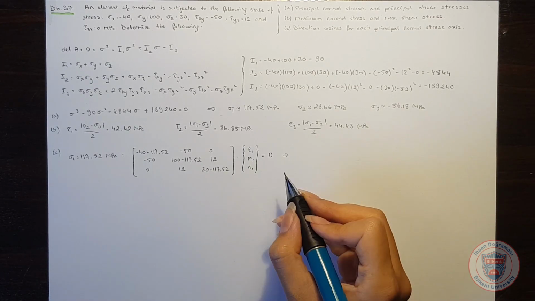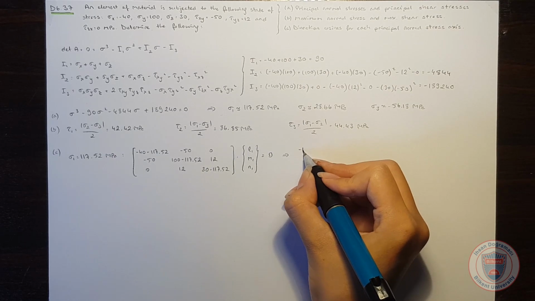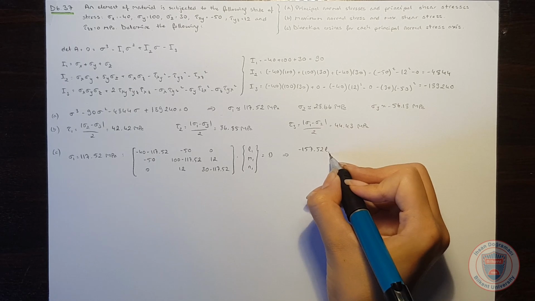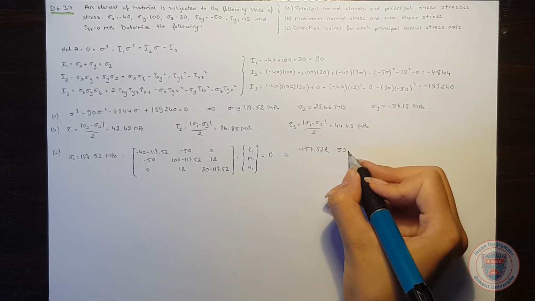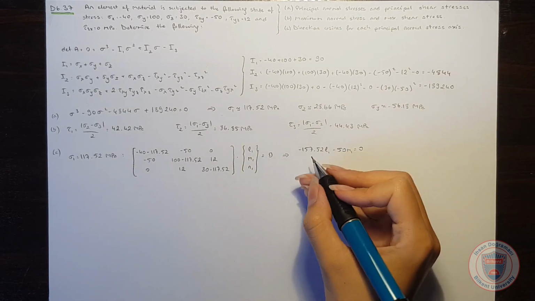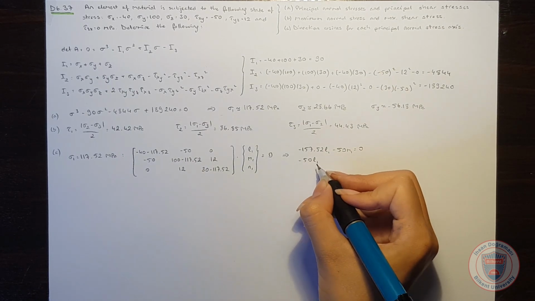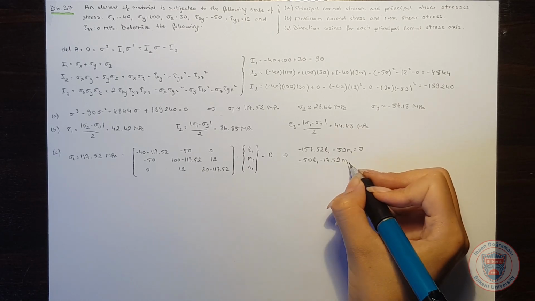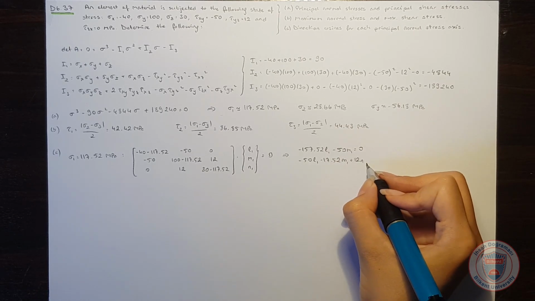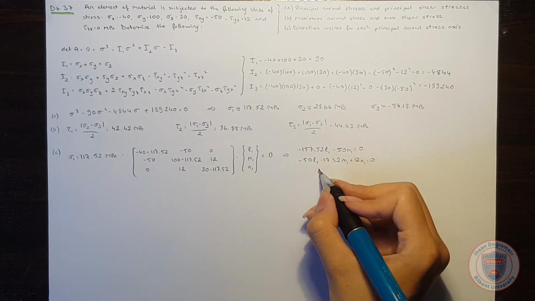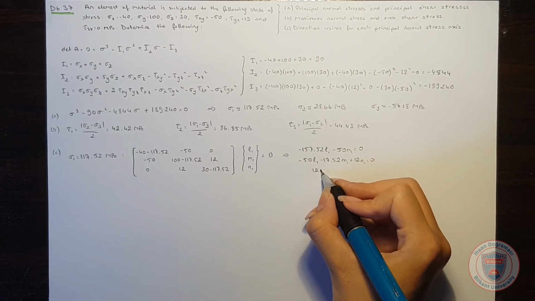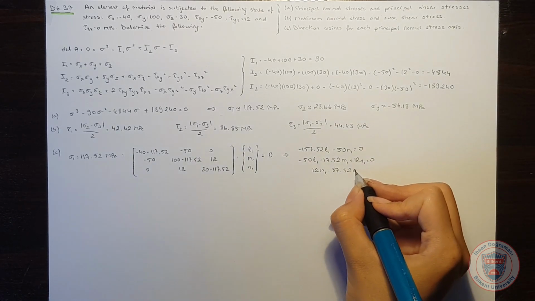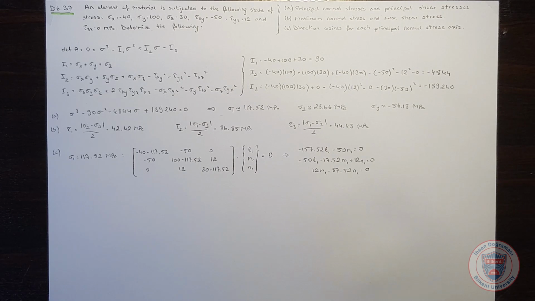So, when we write the equation system, we will see that minus 157.52 L1 minus 50 M1 will be 0, minus 50 L1 minus 17.52 M1 plus 12 N1 is 0, and finally 12 M1 minus 87.52 N1 will also be 0.